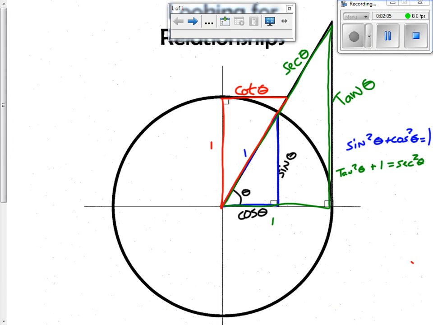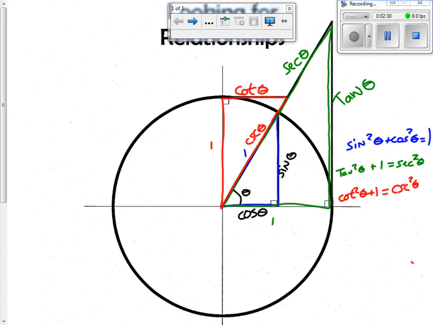But the other side, the hypotenuse in this red triangle, is actually the cosecant. And so when I look at this triangle, I can again create this Pythagorean identity that says that the cotangent squared plus 1 is actually equal to the cosecant squared, based on the same Pythagorean identity.